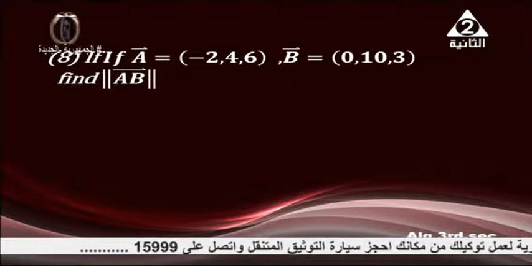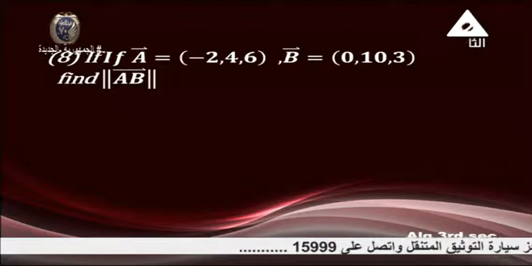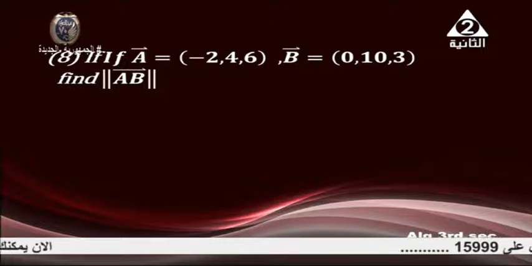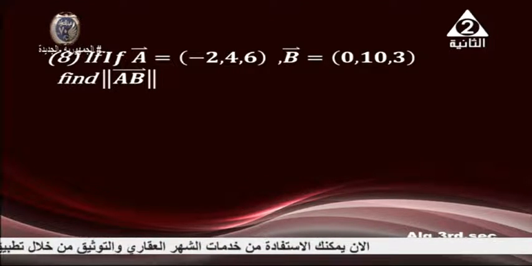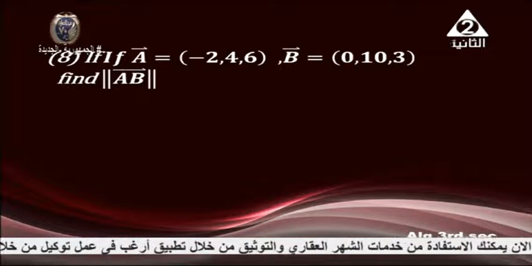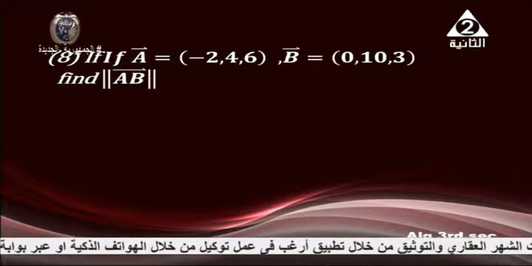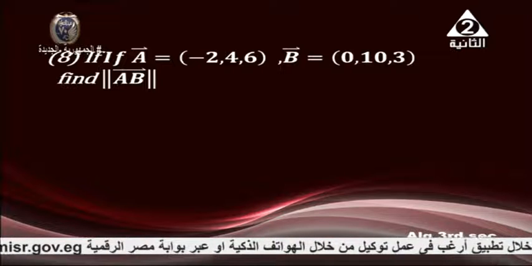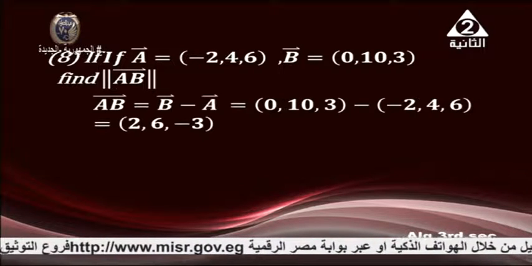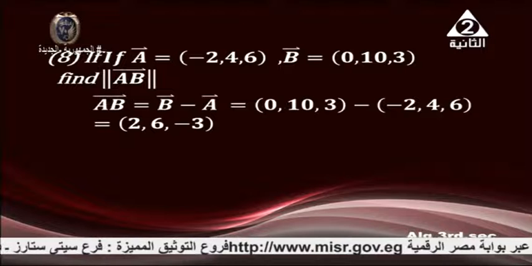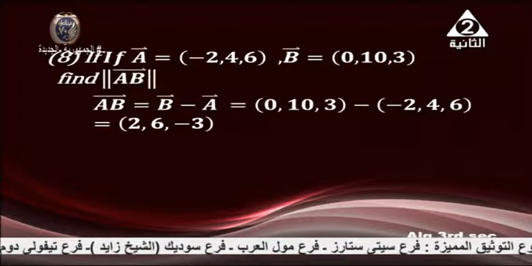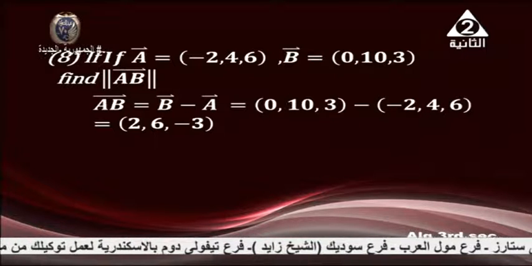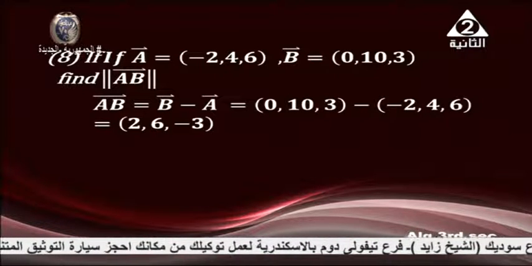The length of the vector AB must equal the square root of (x2 minus x1) to the power 2 plus (y2 minus y1) to the power 2 plus (z2 minus z1) to the power 2. Then, at first, find the AB vector. AB vector is B minus A. The answer is 2, 6, negative 3.